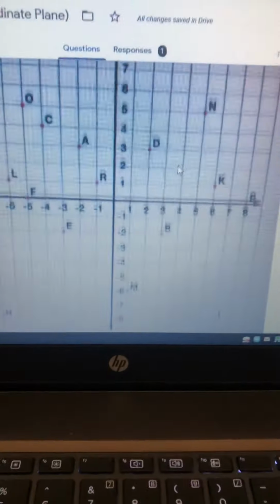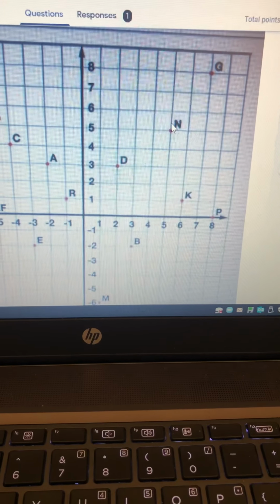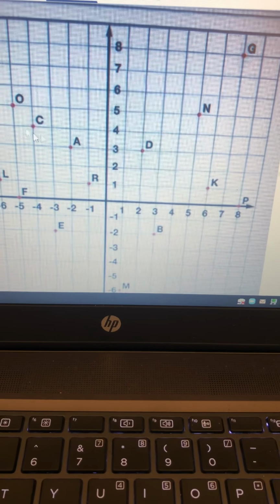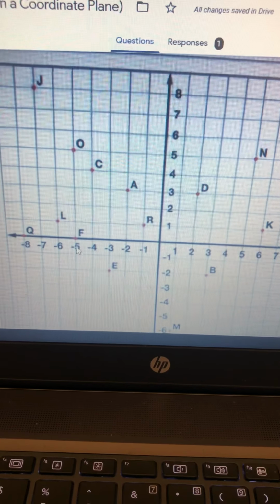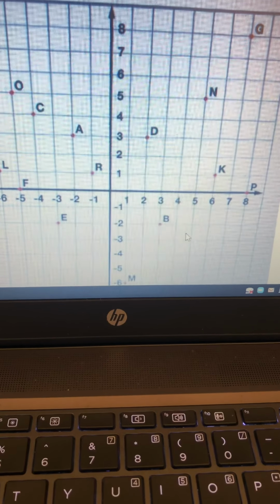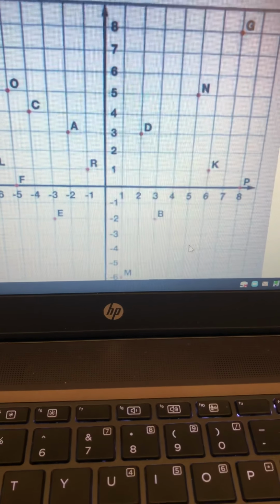Remember the quadrants. This is quadrant 1. Positive, positive is quadrant 1, right? Negative, positive is quadrant 2. Negative, negative is quadrant 3. And positive, negative right here is quadrant 4.